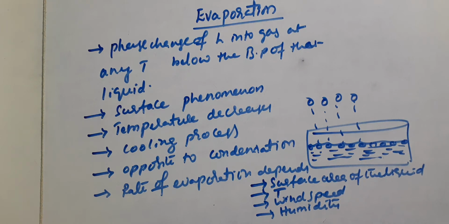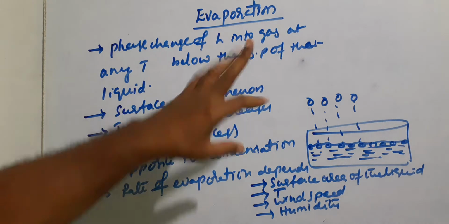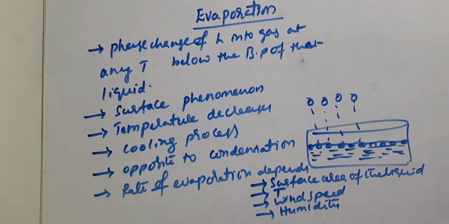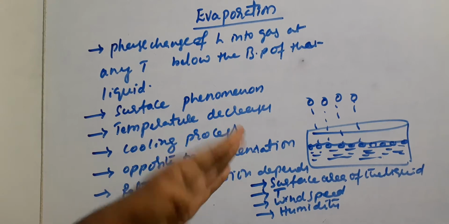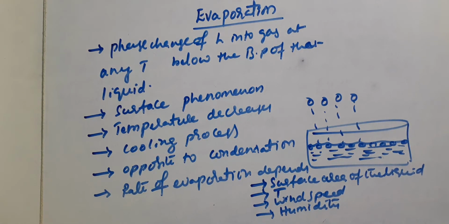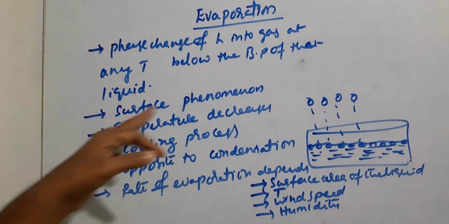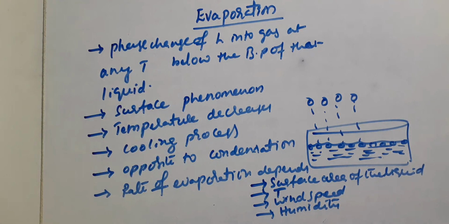So once again recalling, the phase change of liquid into gas at any temperature below the boiling point of that liquid is called evaporation. During the evaporation, first the molecules present in the top surface of the liquid will escape into air. That is why it is a surface phenomenon. During the evaporation, temperature of the system decreases.